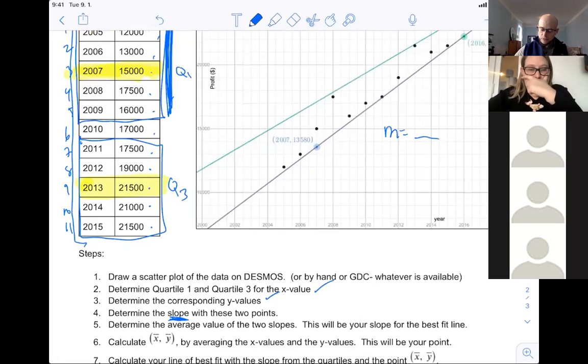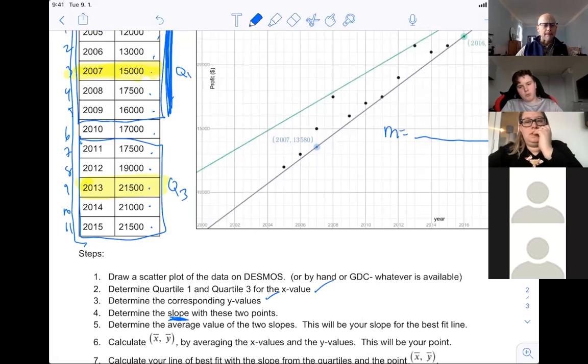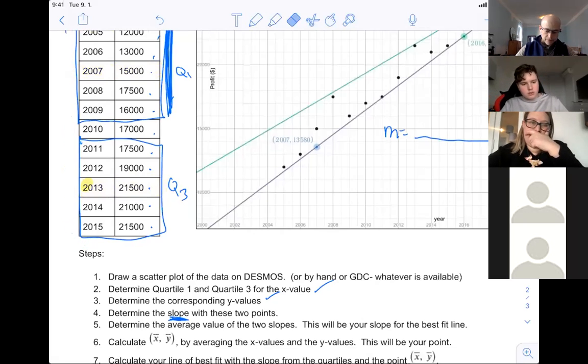What am I going to do? Hansa, how am I going to find the slope if I have Q1 and Q3? You have to divide them into y1, y2, and x1, x2. Super. Which one is what? Which one would you like to call which value there, Hansa?